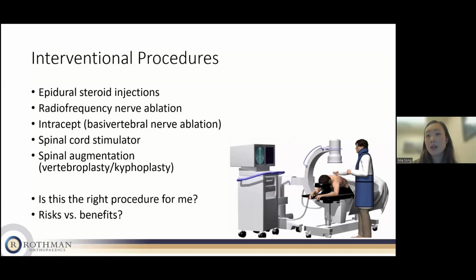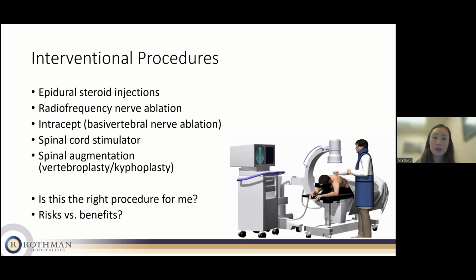I always want to make the right recommendations for patients where I think that you'll have the potential to have good results from an injection or a procedure, rather than just saying, oh yeah, let's try that. If I don't think it's going to help much, I'll be very honest and let you know, and then go into why that might be the case. It's hard for me to go into every single procedure here. There are other procedures that we do, but it really depends on where your pain is coming from.